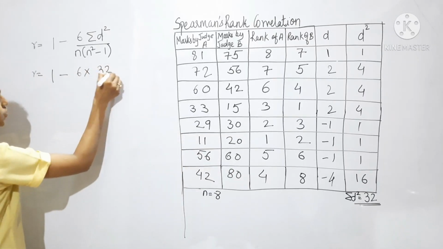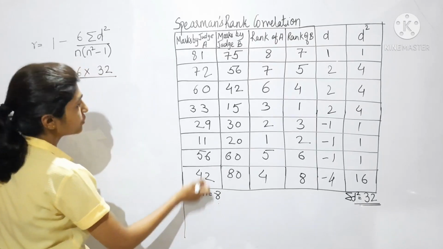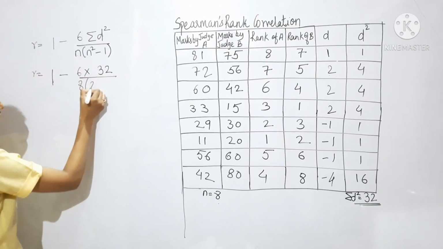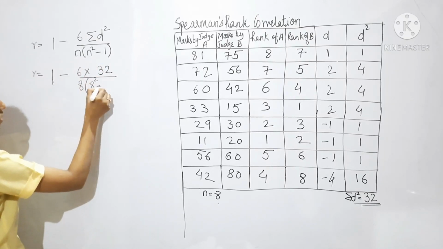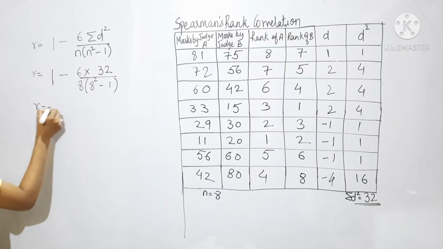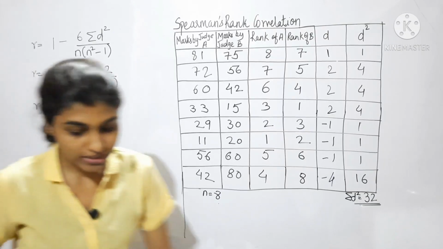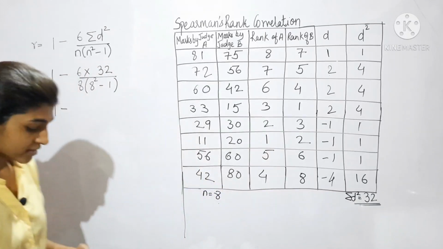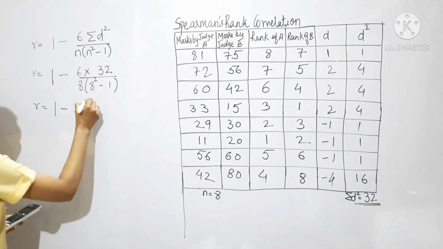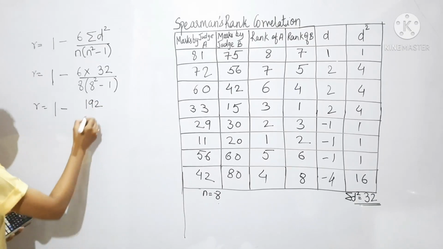So write 32 divided by n, which is 8, bracket close, again n square means 8 square minus 1, bracket close. r is equal to 1 minus, multiply 6 into 32. If you multiply 6 into 32, you get the answer 192. Check whether you are getting the correct answer.